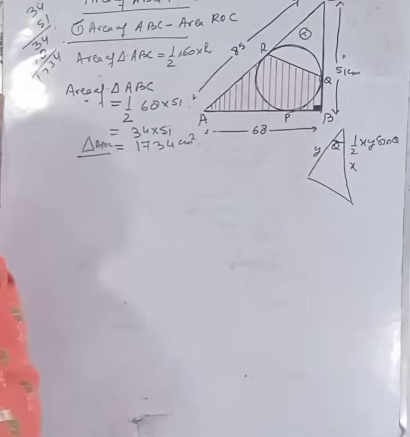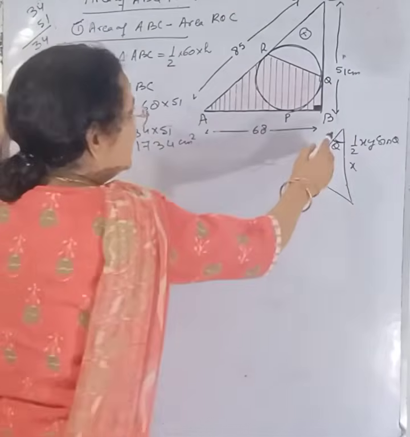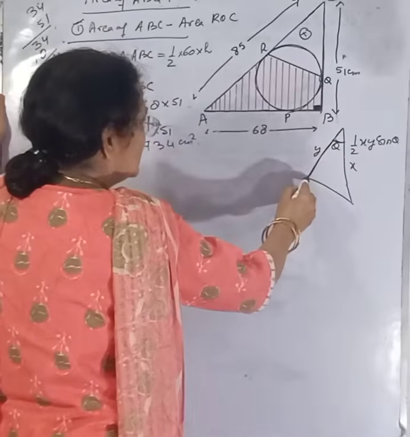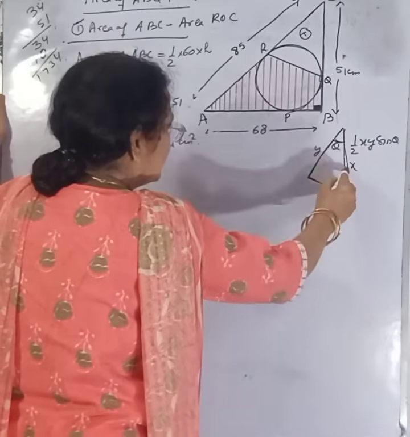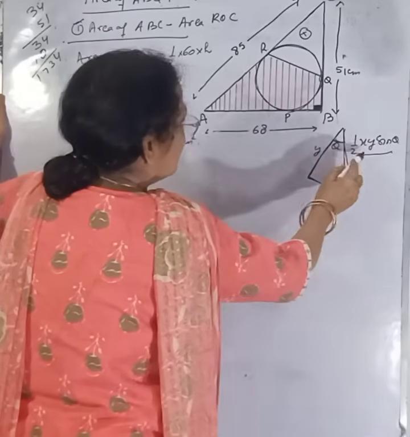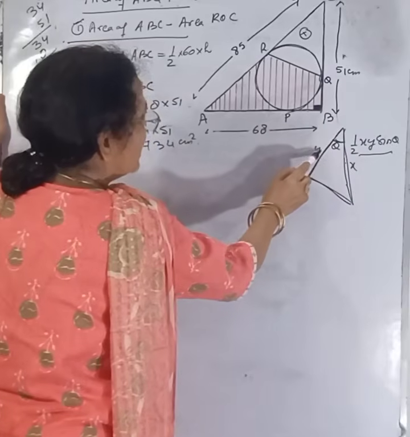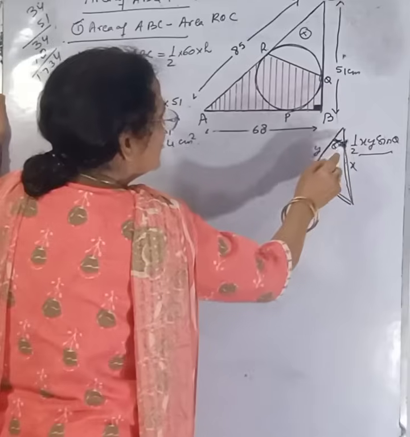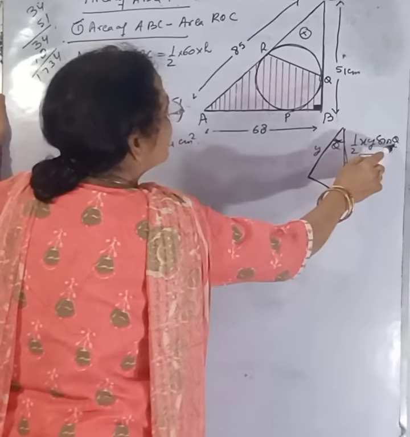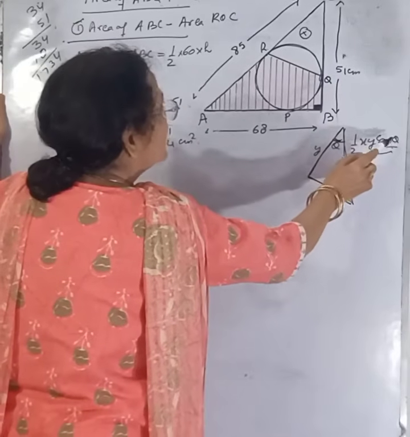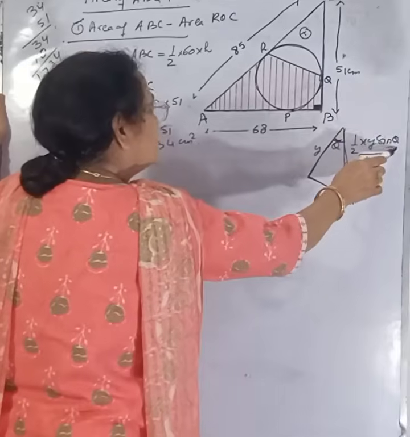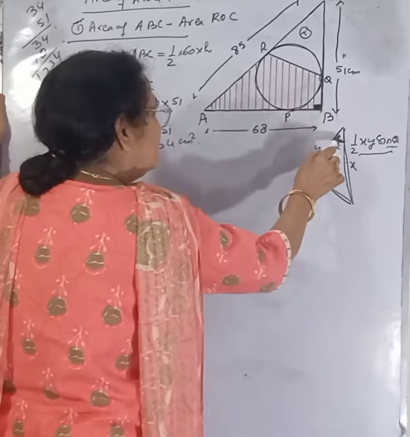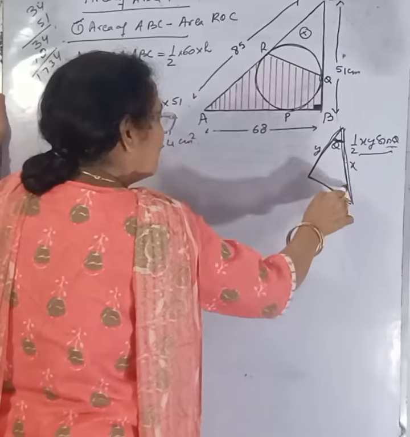This is the trigonometrical formula, where x and y are the two adjoining arms having the angle theta, which is the angle in between these two adjoining arms.